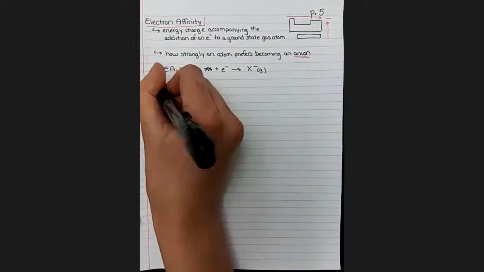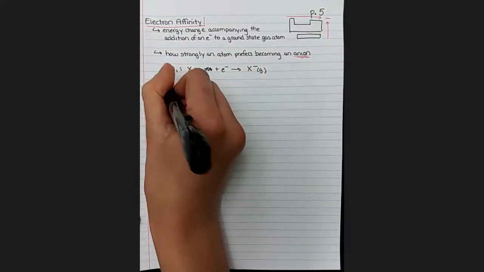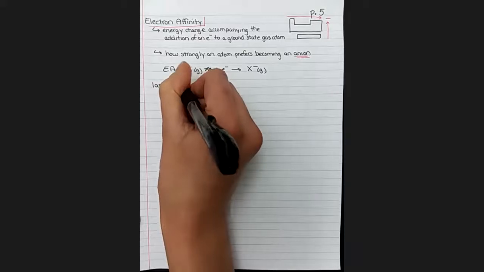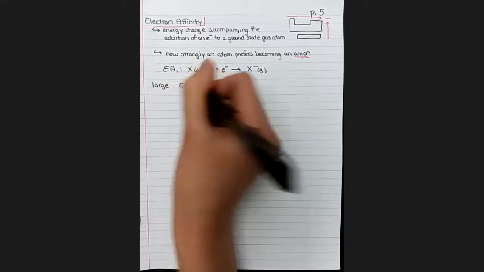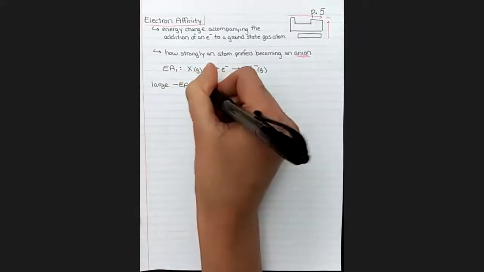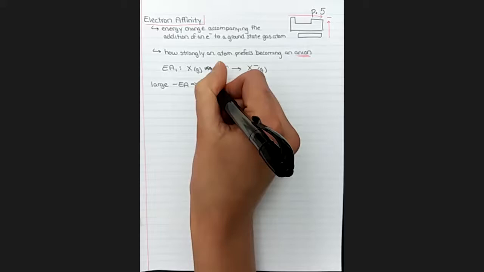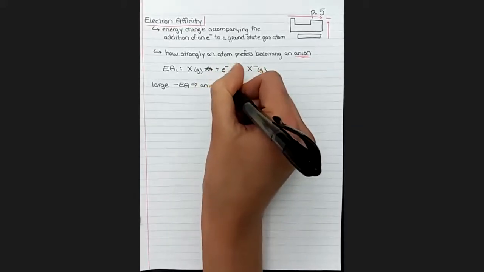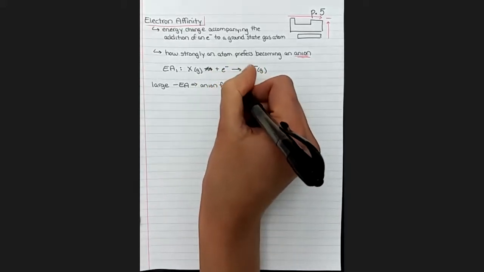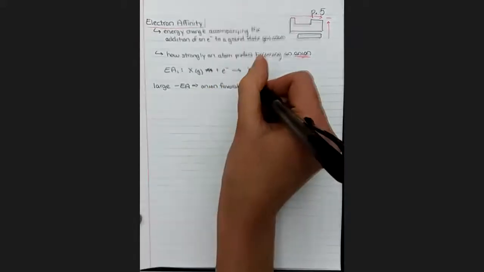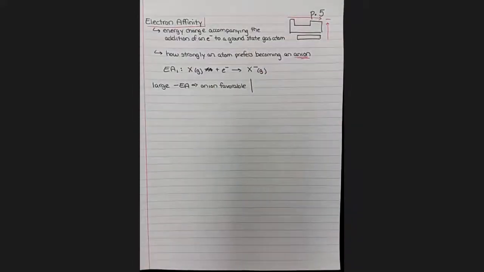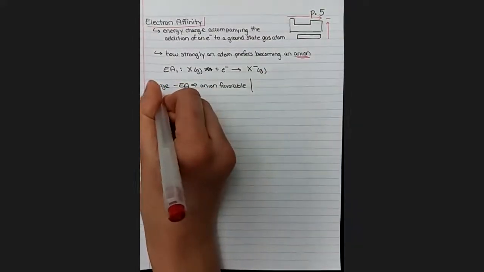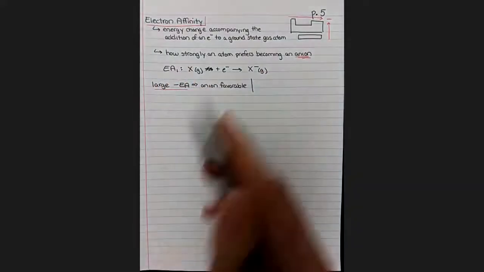And to help you interpret the number, if you have a large negative number, like negative 100, for example, this indicates that an anion is favorable. So if the number for your element is really big, then the element really would like to be an anion.